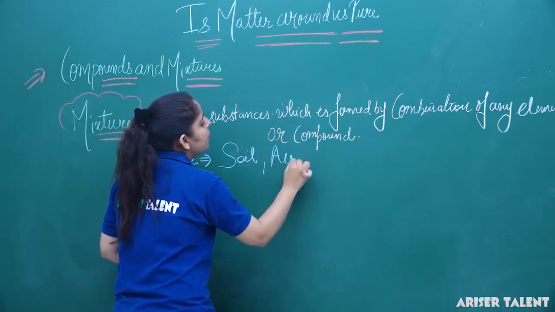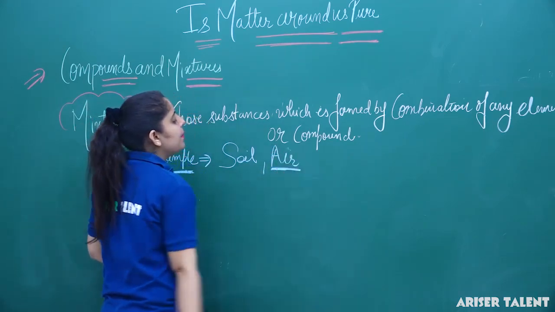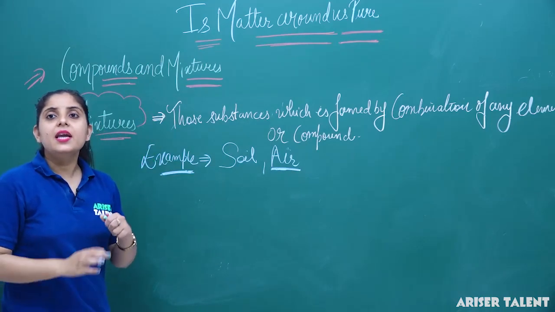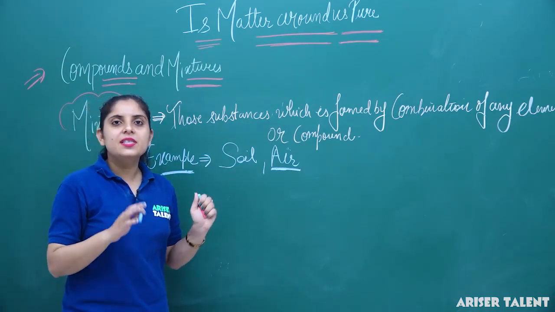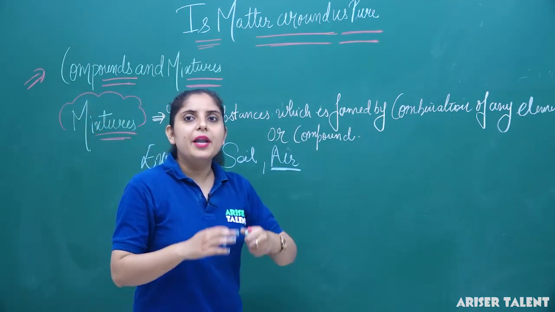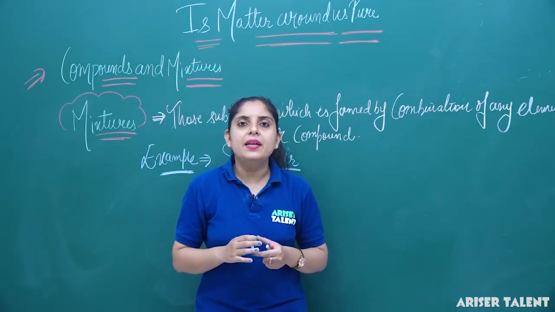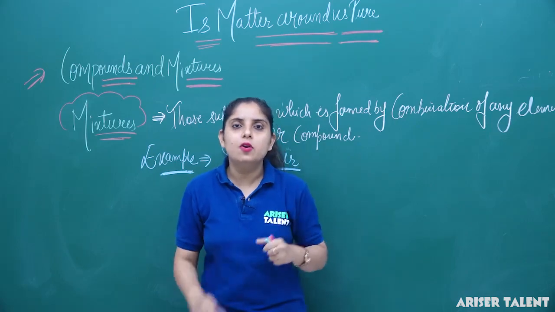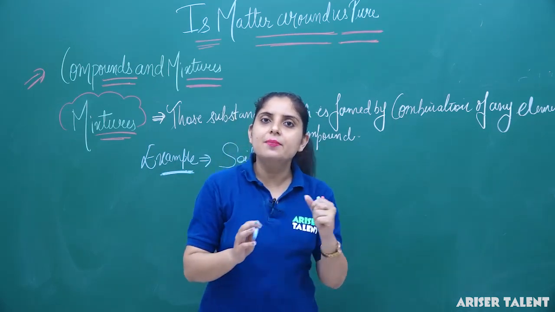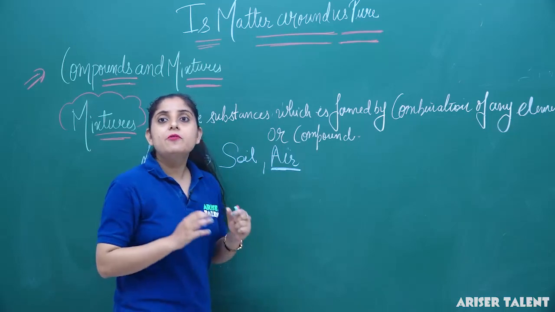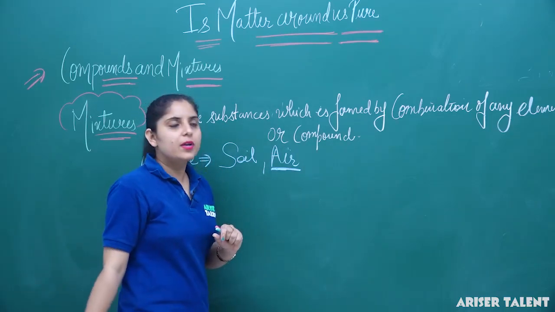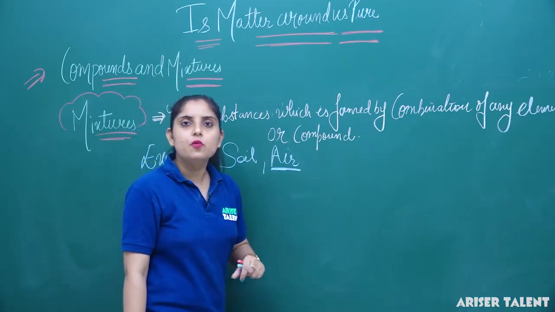If I am considering air, air is a mixture of many gases. You can see that in our environment, carbon dioxide, oxygen, nitrogen, along with water vapor, dust particles and a few inert gases are also present. So I can say that air is a mixture because it consists of different types of compounds in the atmosphere. So these are the basic examples for the mixture.